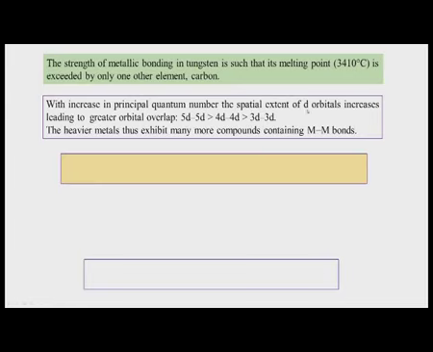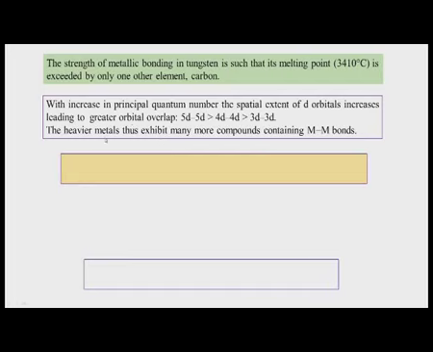So, as the size of the d orbitals is increasing, their size in space, that means the spatial occupancy, is increasing, they can have a higher degree of overlap between these orbitals. So, the trend in the overlap for metallic bonding would be 5D greater than 4D, which will be greater than 3D.